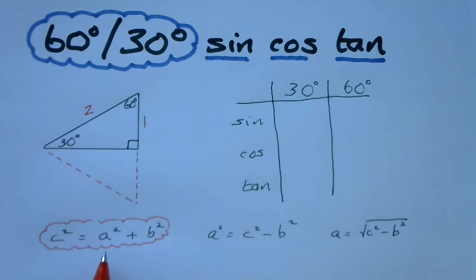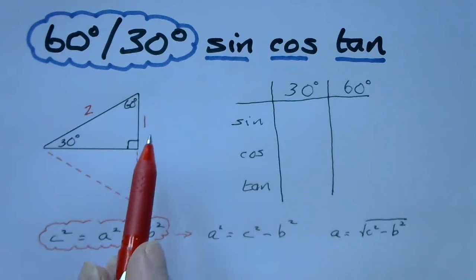Now I can rearrange that to give me that a squared is equal to c squared minus b squared. And then simply take the square root of both sides. The square root of a squared is a, and the square root of this lot squared is here.